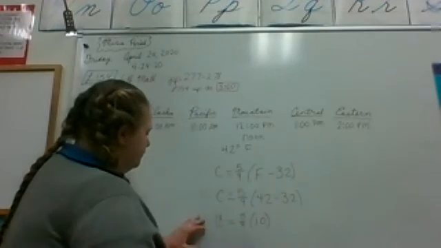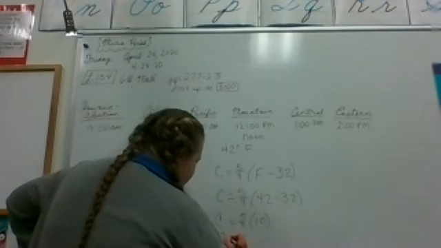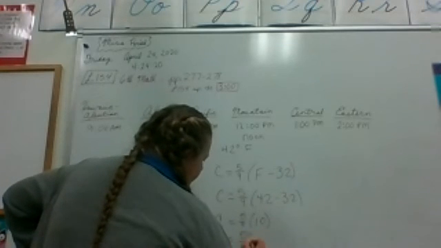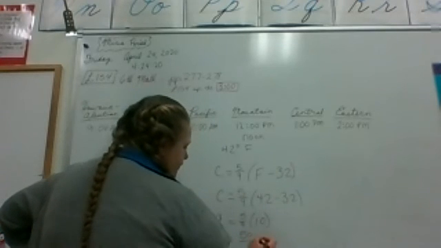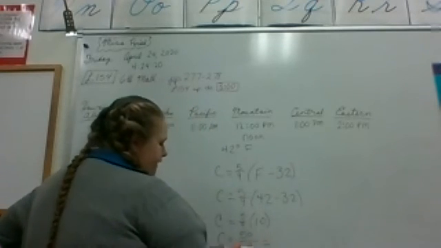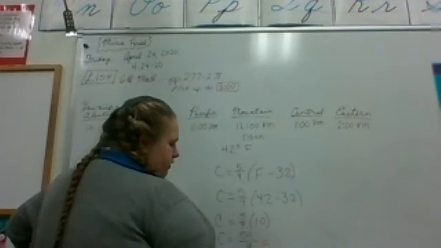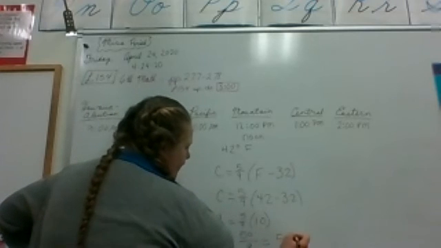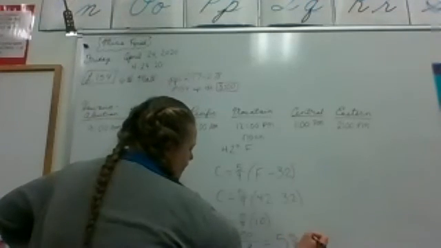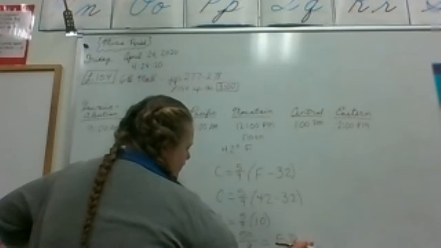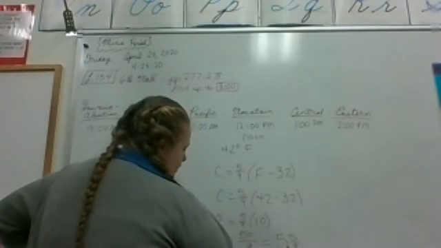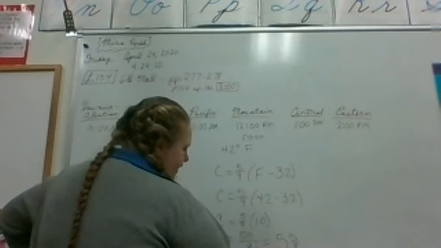Okay. So this one is going to be C equals 50 over 9, which is going to give us 5 and 5/9.